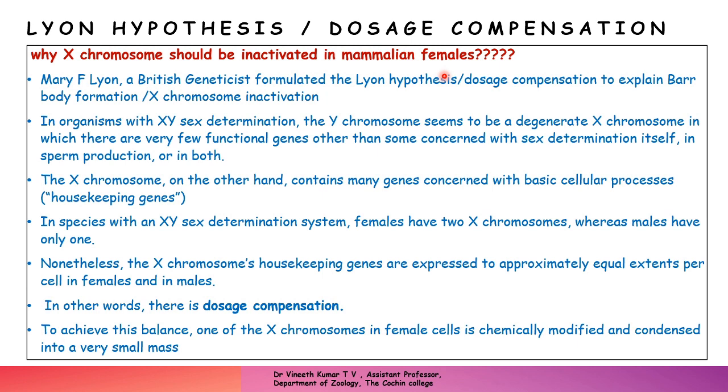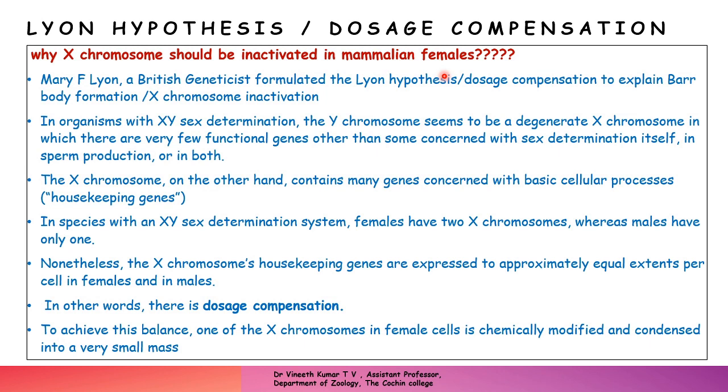This point is about normal mammalian females: why they have one normal X chromosome and one bar body. This was explained by Lyon, a British geneticist, who formulated a hypothesis called the Lyon hypothesis to explain the formation of the bar body, or X chromosome inactivation. It is also explained by the phenomenon called dosage compensation.